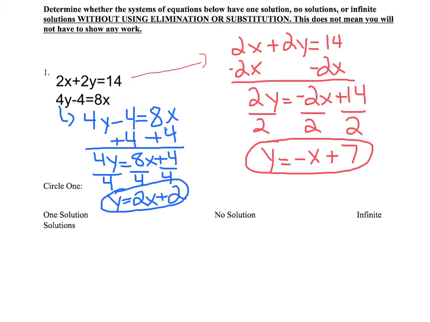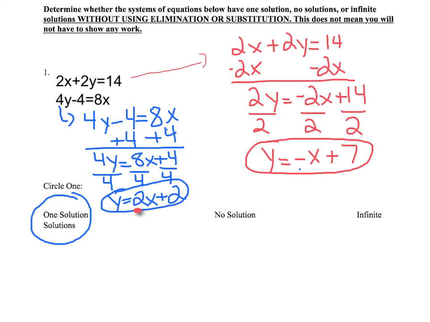If the slopes are different, so in this case, we have 2 for our slope here, and negative 1 for our slope right there. Since these slopes are different, we are going to have one solution. So we can tell right now we're going to have one solution.